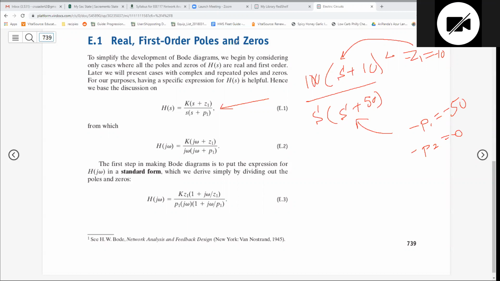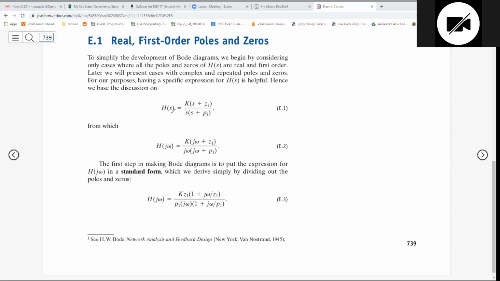Now, we can go ahead and inject a JW for S, right? So S is your generic variable to work with. But when I want to put a specific frequency, let's say, what's my circuit going to look like when I put W equals 1,000?